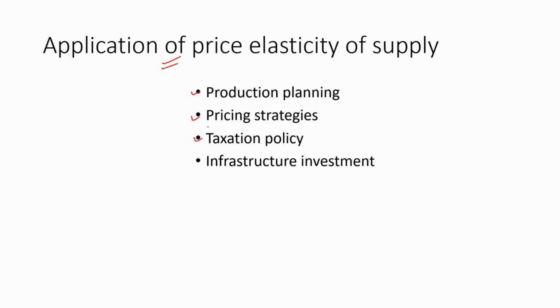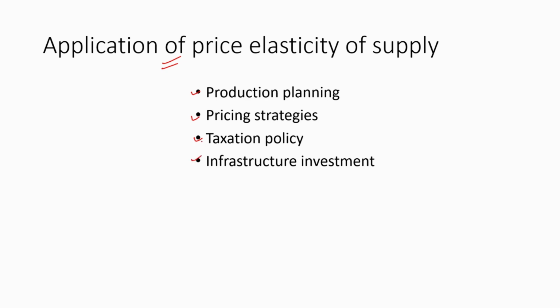Taxation policy. Price elasticity of supply can inform government policymakers on the impact of taxes on the production and supply of goods and services. For example, a tax on a product with inelastic supply may lead to higher prices without reducing the quantity supplied, resulting in a larger tax revenue for the government.